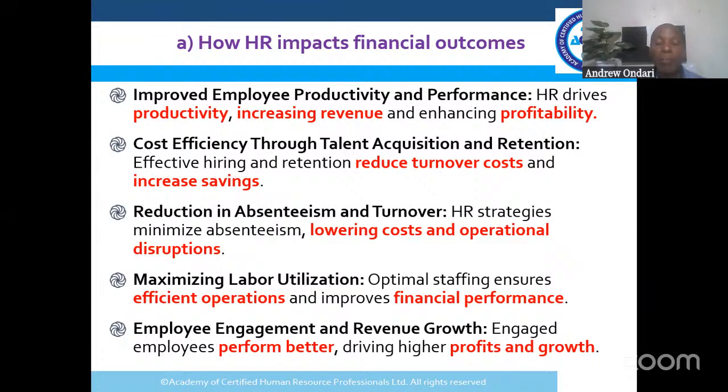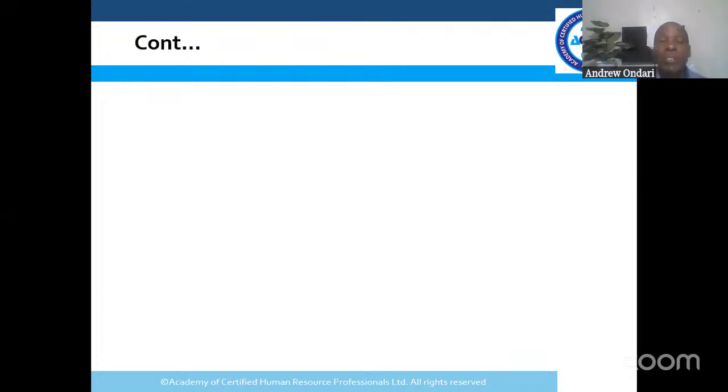And the people who perform better generate revenues and profits. So profits will grow from engaged employees. So it's our role as HR managers to find out whether the employees are engaged, so that they can produce the financial resources that we endeavor to achieve.